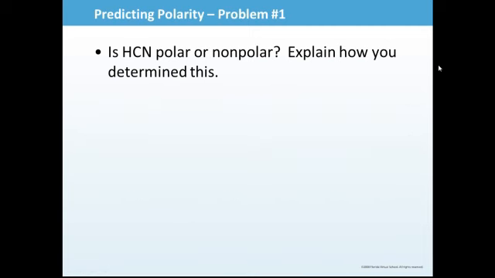So go ahead and pause this recording, get out all of your notes that you have so far, your table of electronegativity values, your table for your VSEPR shortcut, and that slide from the last screen. Rewind this recording if you need to, do the best that you can to try to predict whether or not HCN is polar, and try to explain why you decided polar or nonpolar.